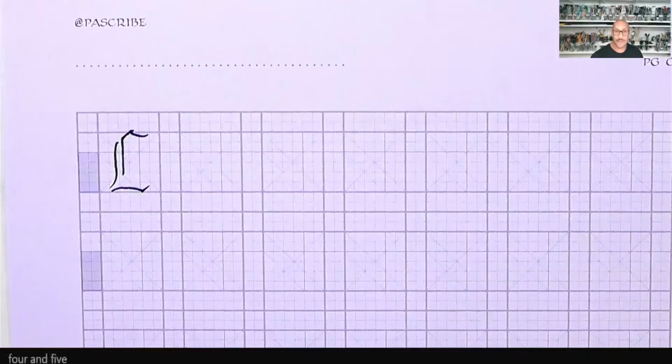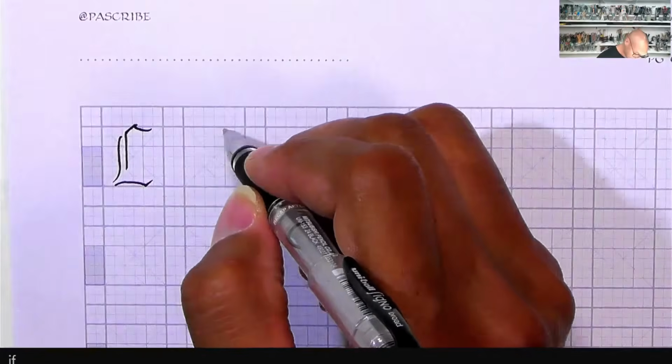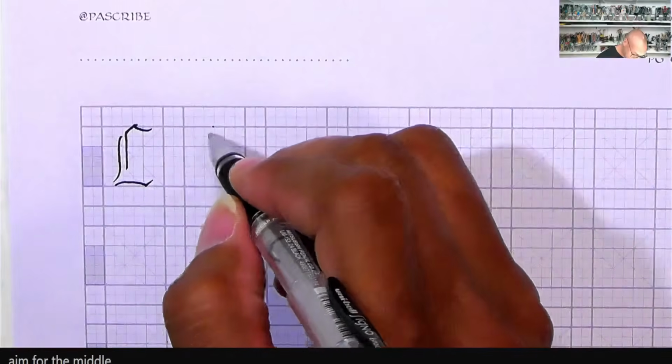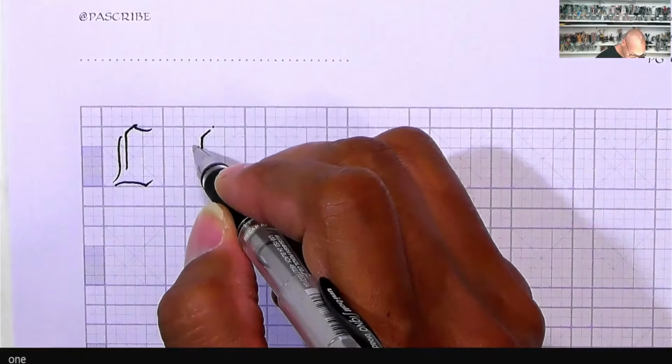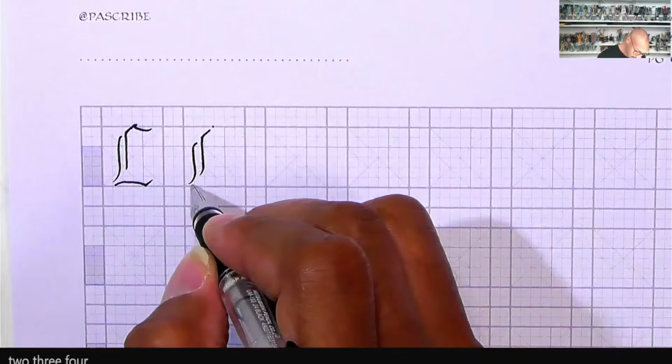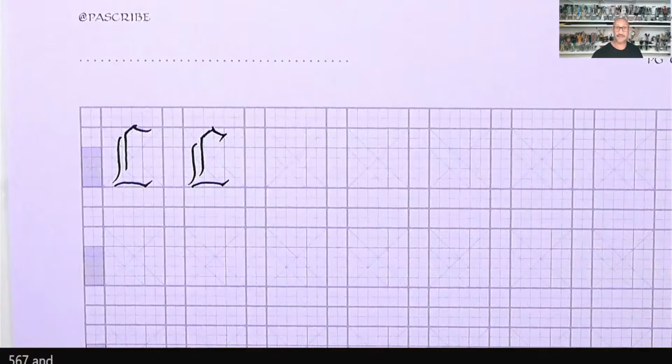Now, we could make this L a little shorter. If we did, aim for the middle, 1, 2, 3, 4, 5, 6, 7, and 8.